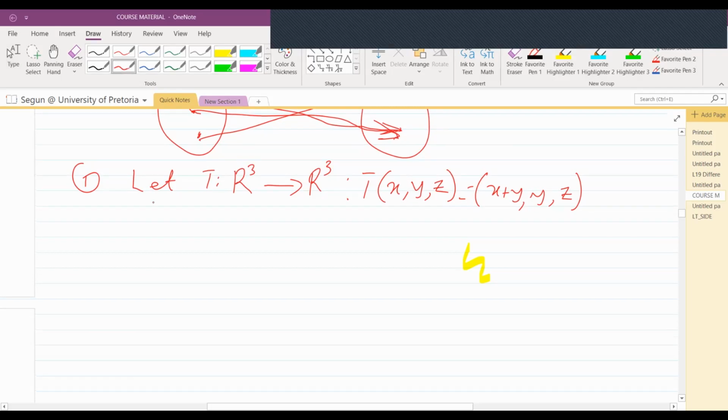Then before then, I will just call your name and you tell us whether it is. Remember, the question now says: is T, and they can give you something like this in the exam or in your test or whatever, and say, is T an isomorphism?